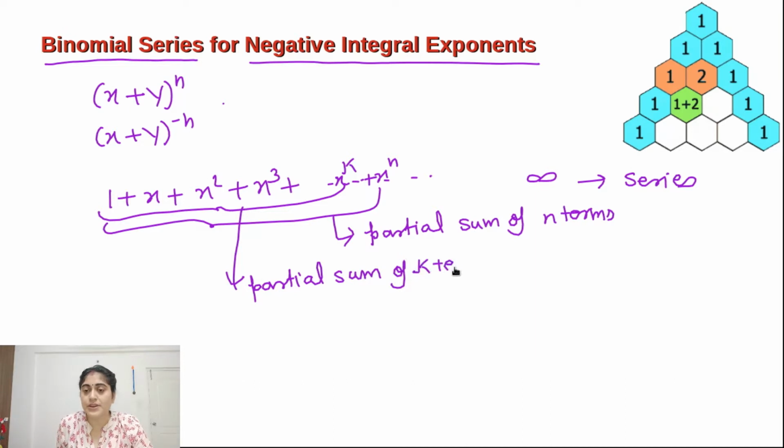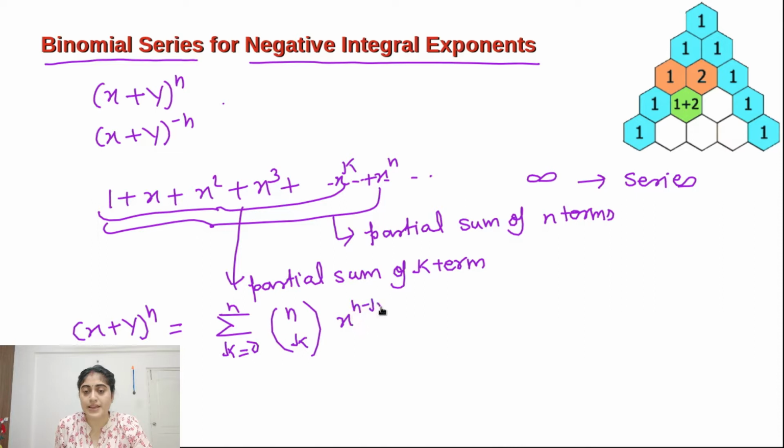Previously we have seen the expansion of (x + y)^n, for which we found one generalized formula, the summation of k from 0 to n of n choose k, x^(n-k) y^k. Suppose x equals 1, then it can be written as 1 + y + y^2 + up to y^n.